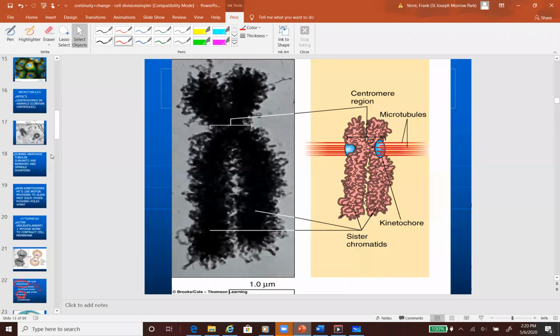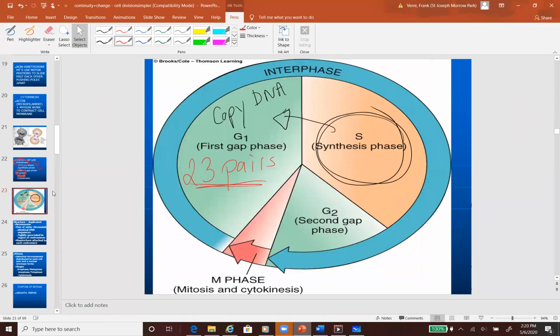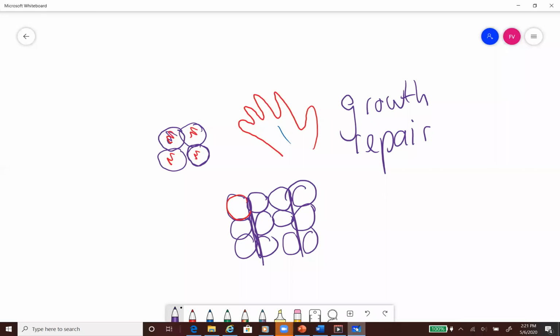Now, when a cell divides, it's going to copy everything. So you'll have 46 pairs because you're going to double everything. The reason why we do that is because each cell is then going to get 23 pairs, right? So mathematically, that kind of makes sense.